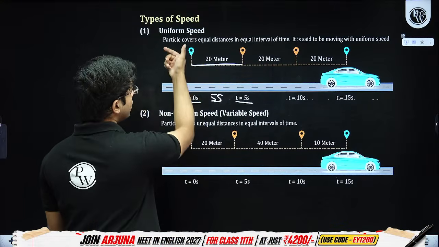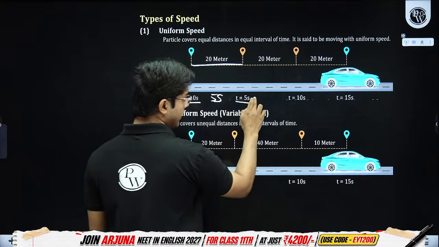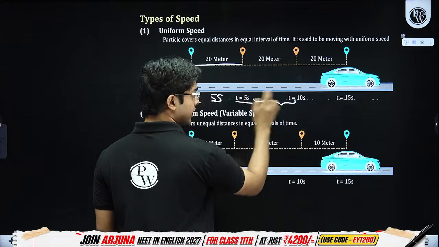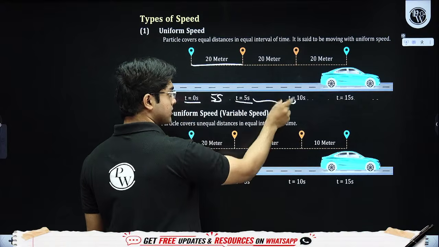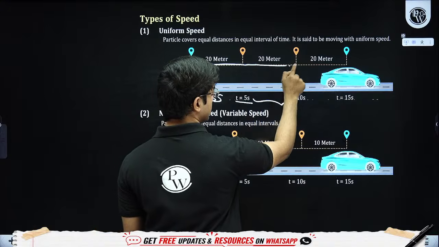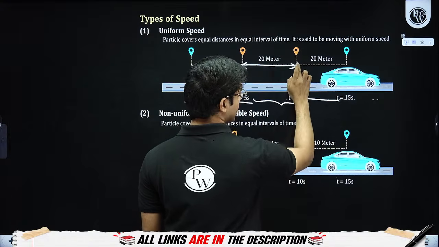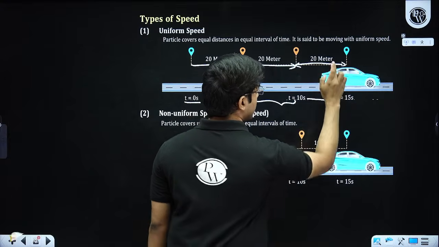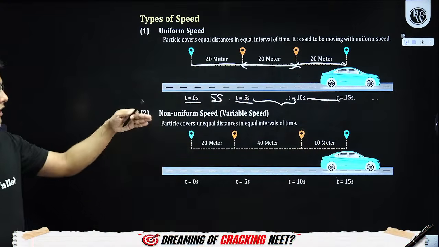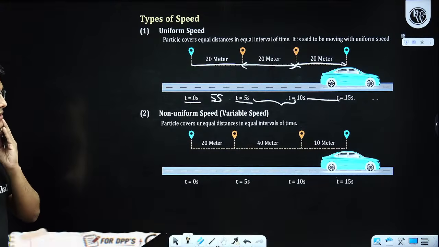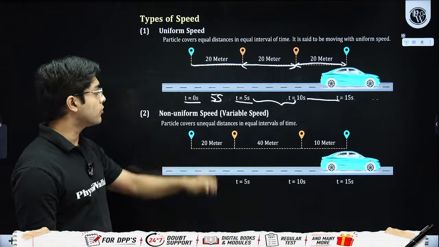So if it is uniform speed, then in the next 5 seconds, which is from 5 second to 10 second, it must cover the same 20 meters. So the distance covered in any second must be the same if it is uniform speed.